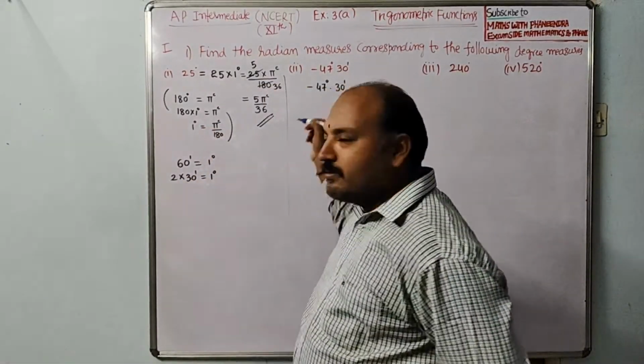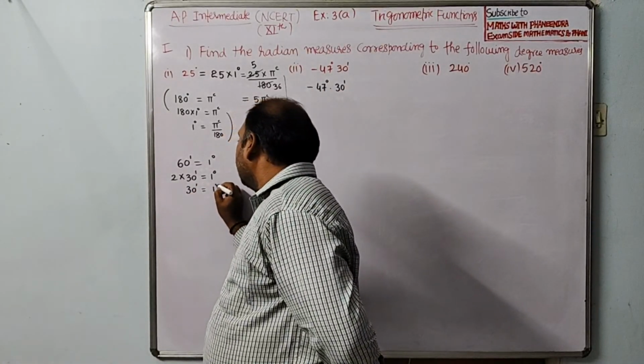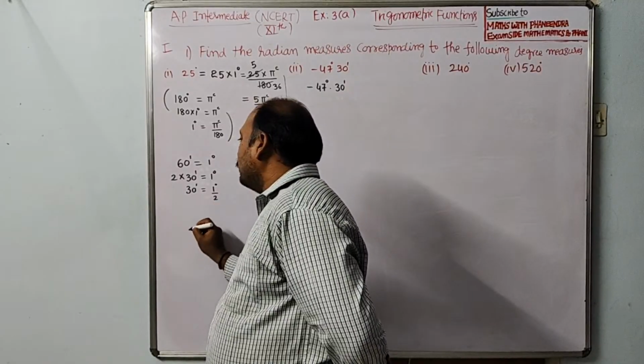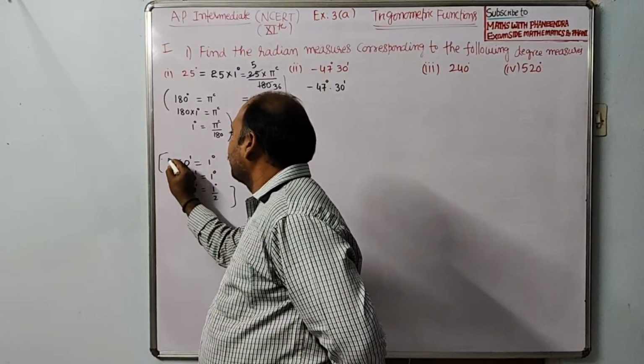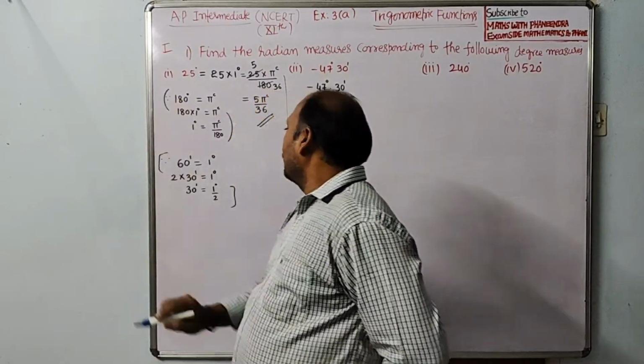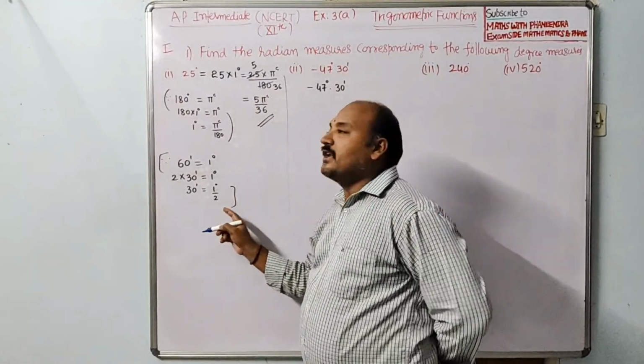But I want 30 minutes, no. So 30 minutes can be written as 1 degree by 2, that means half degree. So wherever 30 minutes is there, you replace with half degree.